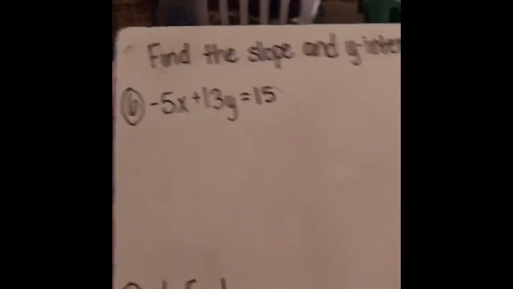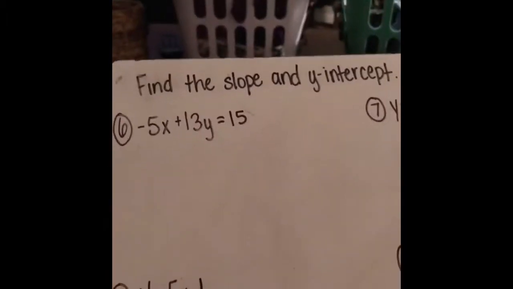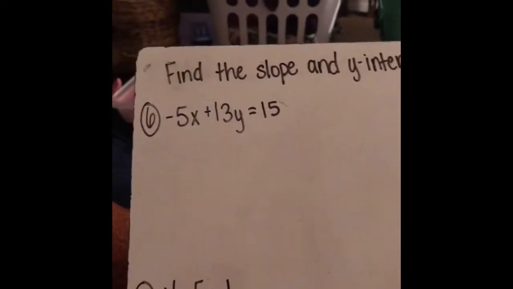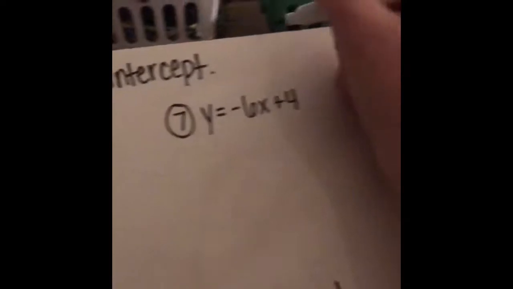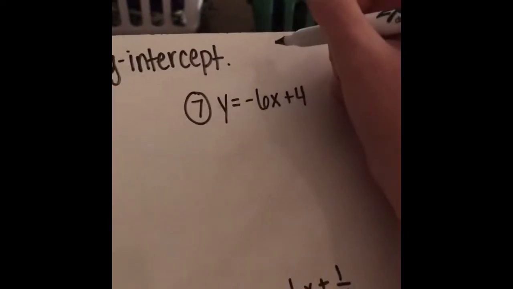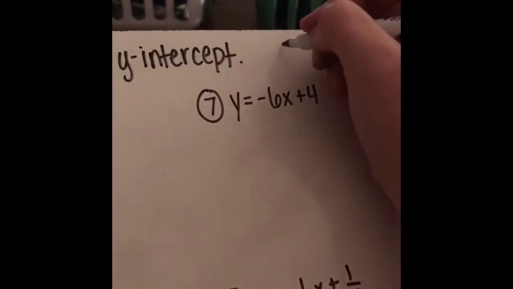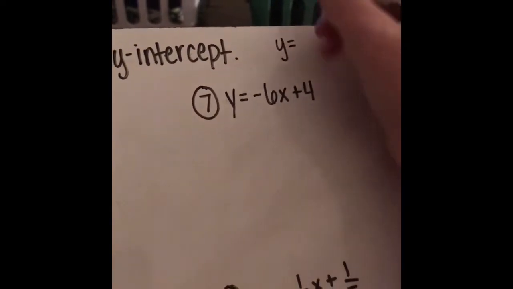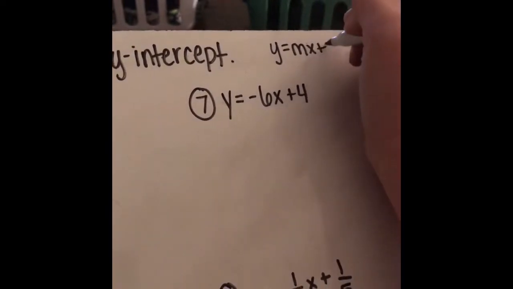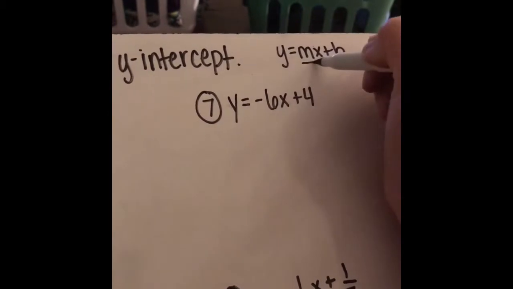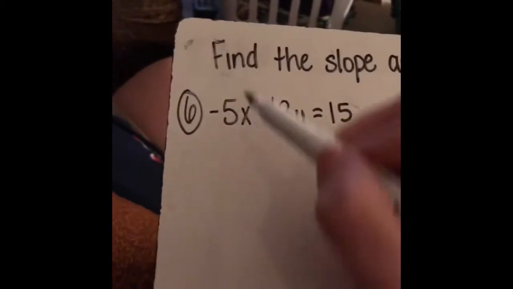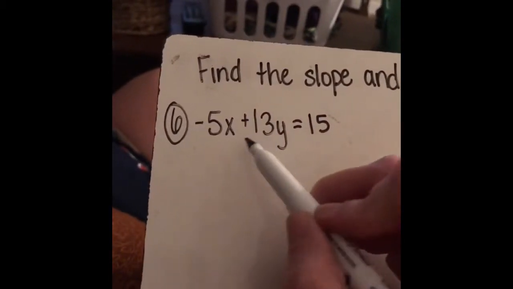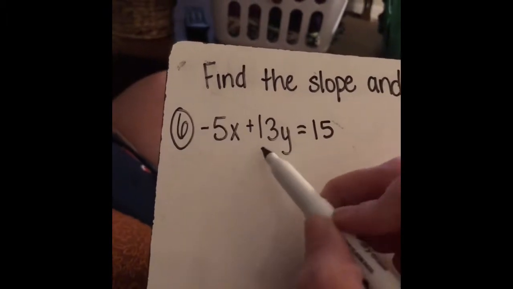Okay, so for 6 through 9, it is find the slope and y-intercept. So you need to have it in the slope-intercept form. So y equals mx plus b, where m is your slope and the b is your y-intercept. Okay, so this one is not in that, so you need to first solve for y to get y by itself.